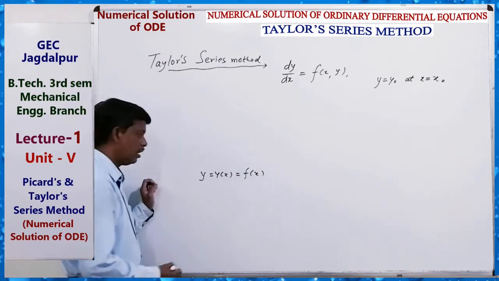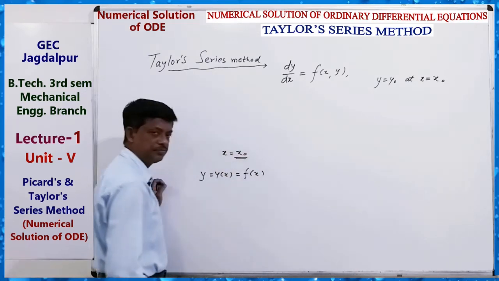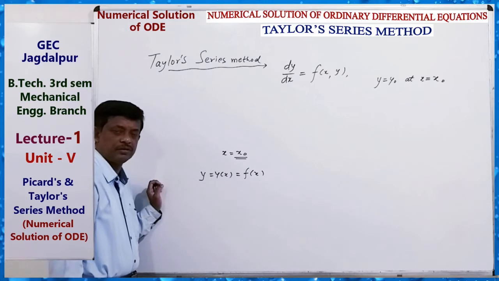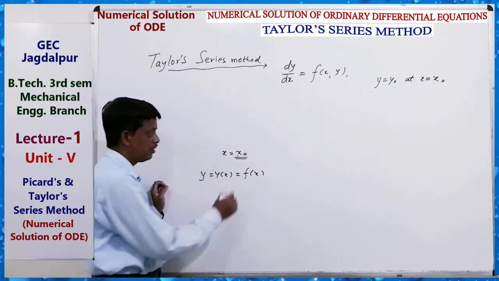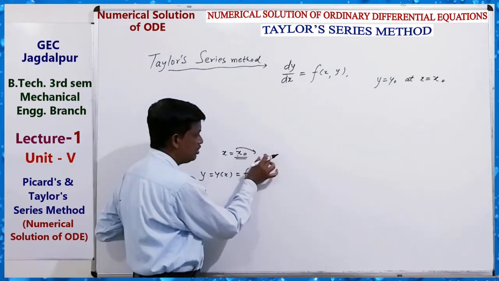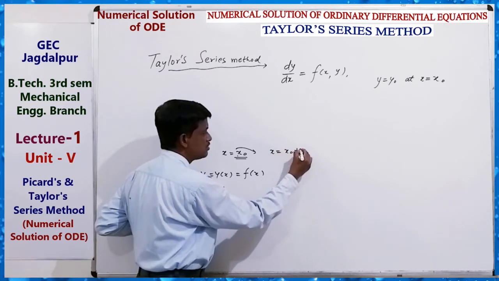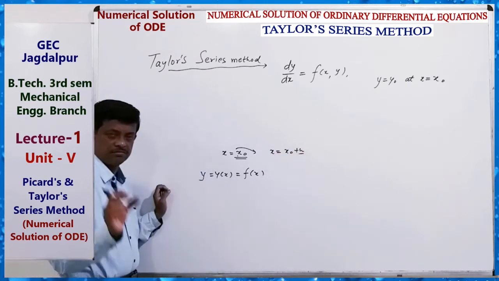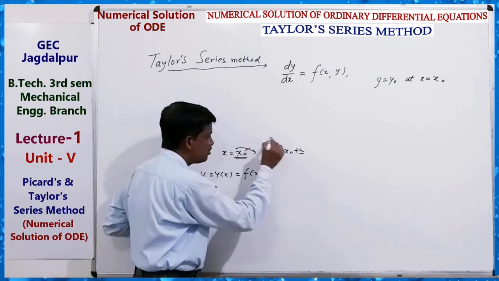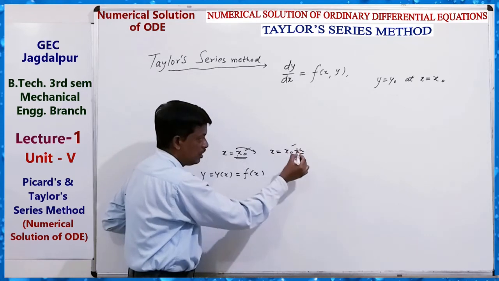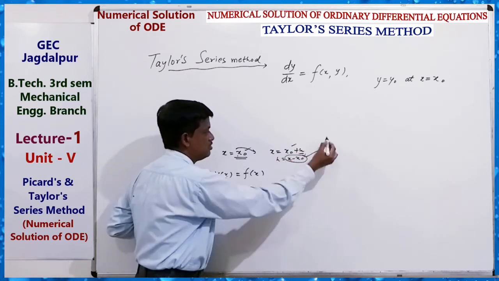For the next value, if equally distributed, the next value will be x0 + h, where h is the small difference between the first value and the second value, h = x - x0.